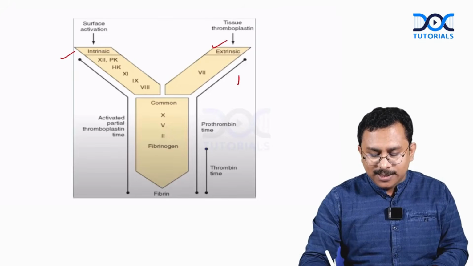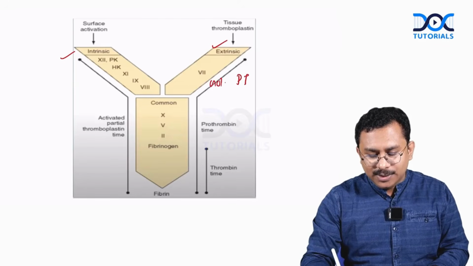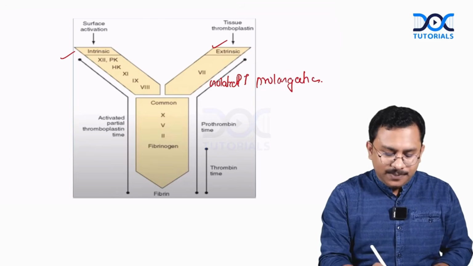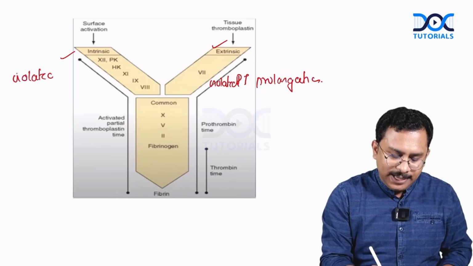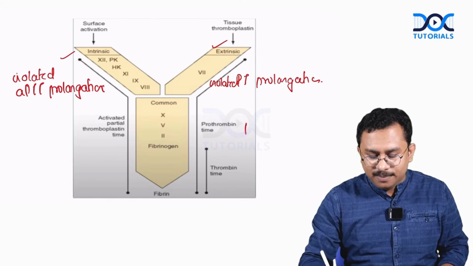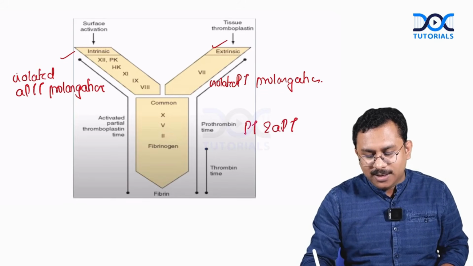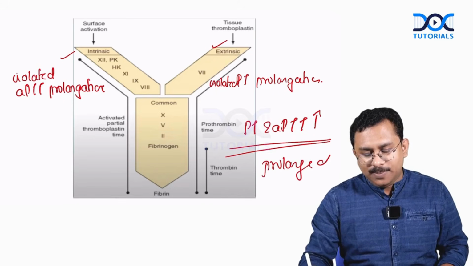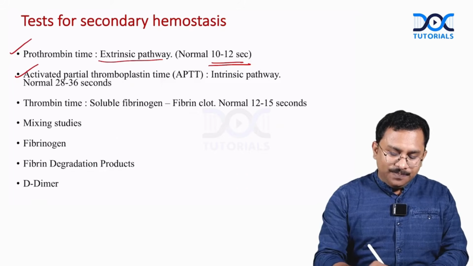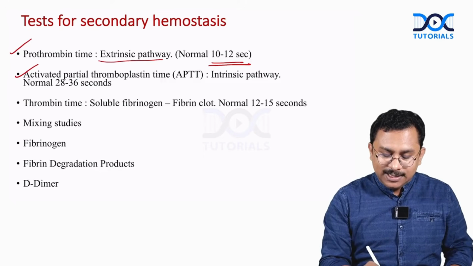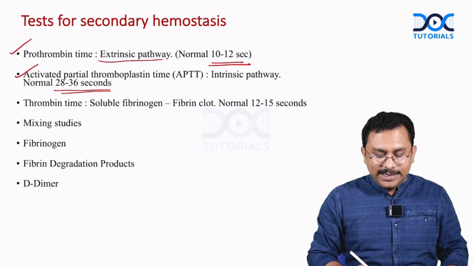An isolated prothrombin time prolongation will happen in an extrinsic pathway defect, whereas an isolated APTT prolongation will happen in an intrinsic pathway defect, whereas in a common pathway defect, both prothrombin time and activated partial thromboplastin time will be prolonged. The normal for prothrombin time is 10 to 12 seconds. APTT normal is 28 to 36 seconds.